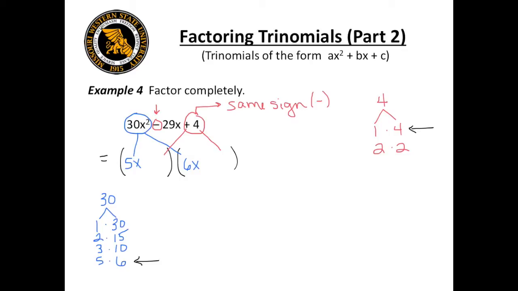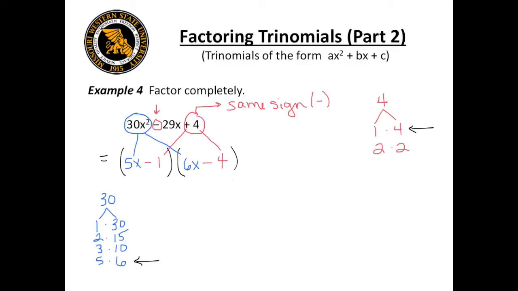So let's go ahead and put minus 1 in the first binomial and minus 4 in the second. Now before we go any farther, notice that based on this placement, the second binomial has a common factor of 2, which cannot be possible since our original trinomial had no common factors.